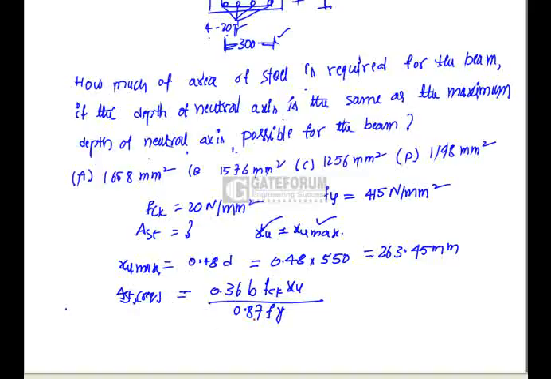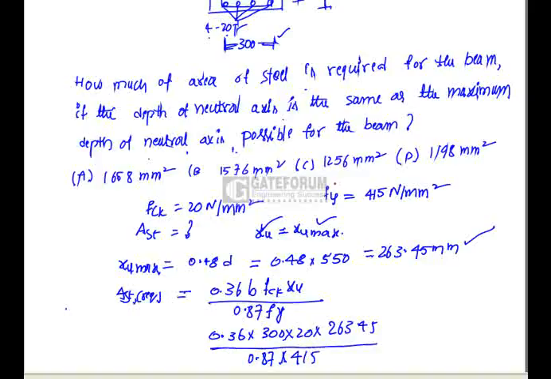By substituting the above values in this equation, 0.36, 300 width into 20 into xu max 263.45, divided by 0.87 into 415, that is fy, that is equal to 1576.10 millimeter square. So the relevant option B is correct.